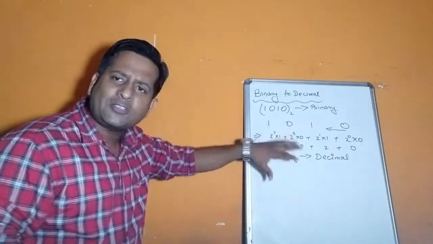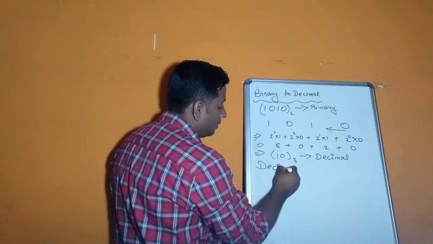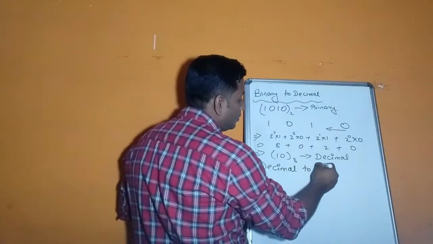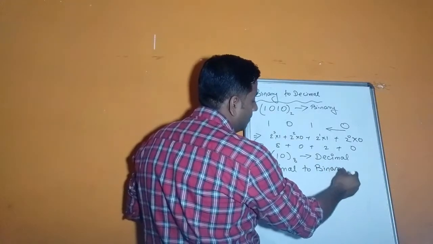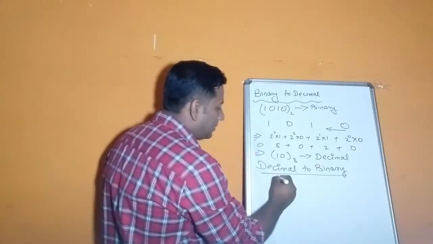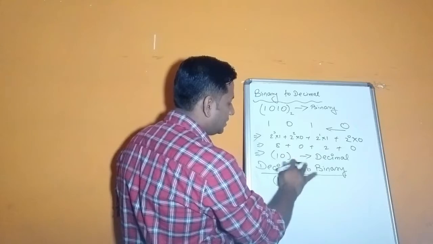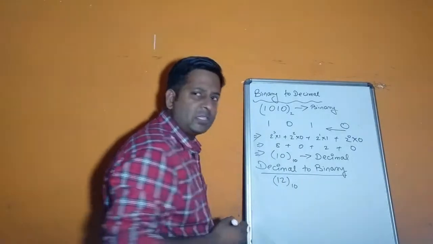Now let us go for vice versa, the opposite. Decimal to binary. Any number we can take. Let me take 12. This is decimal. Decimal has base 10.